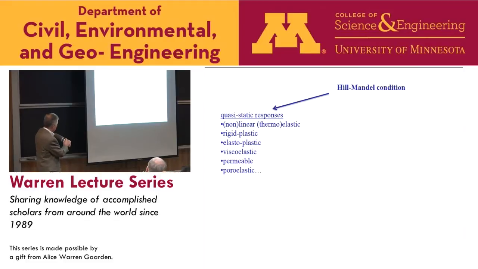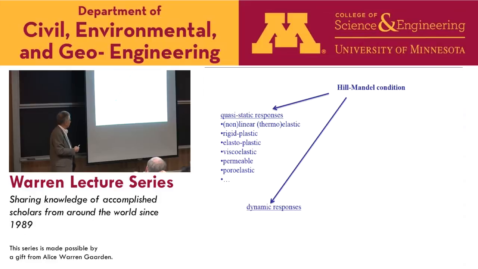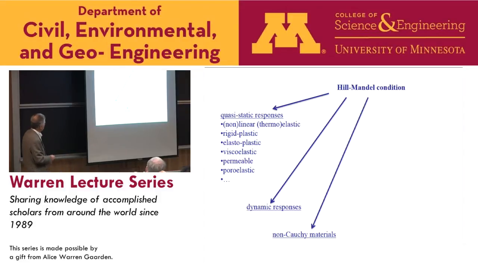If there's time, perhaps I'm speaking too fast, then I can discuss these a little bit. And one can also do dynamic responses, so strain rate dependence. We already have an extension of Hill-Mandel condition for dynamic loading, which involves kinetic energy. And then non-Cauchy materials, I mentioned that.